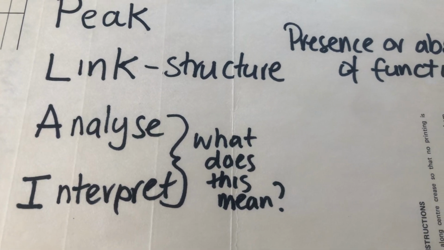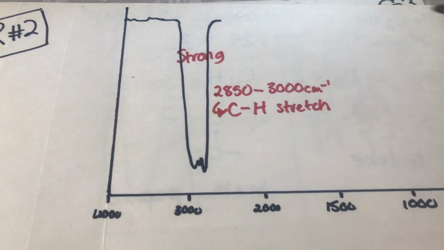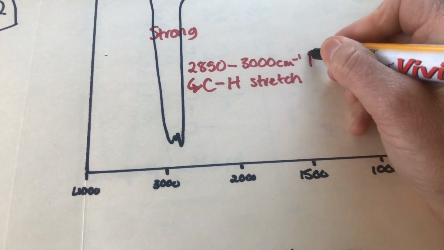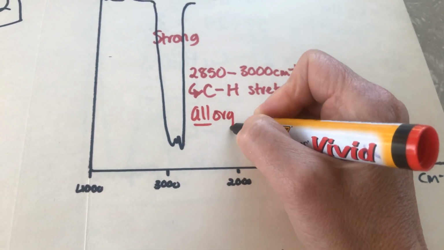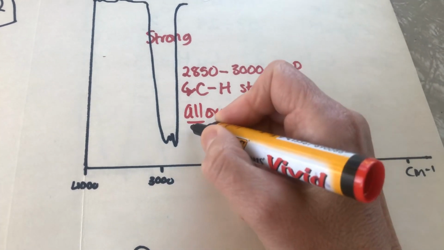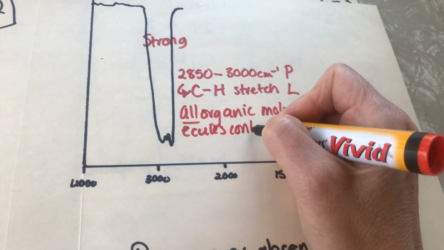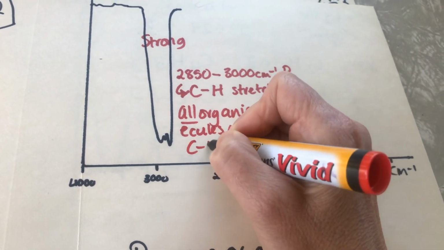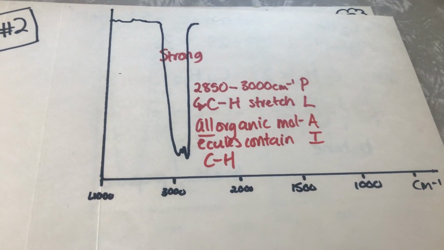So our analysis of this is that since all of our organic molecules, so there's our peak, there's our link, all organic molecules contain C to H. So that really doesn't tell us much. Okay, so that's my analysis and my interpretation.